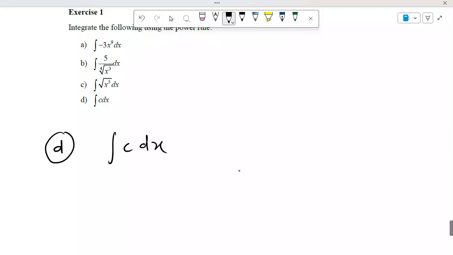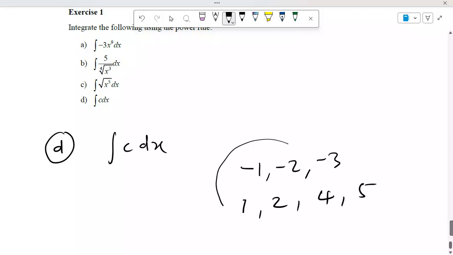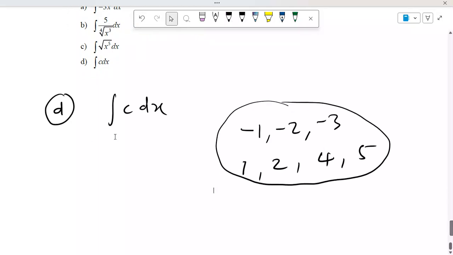So a constant can be natural numbers, it can be any integer, -1, -2, -3, it can be 1, it can be 2, it can be 4, it can be 5, any number. That's c. So how do we integrate now? We don't have x here. What do we add? We only add the powers of x. Now here we don't have x. How do we solve this question?